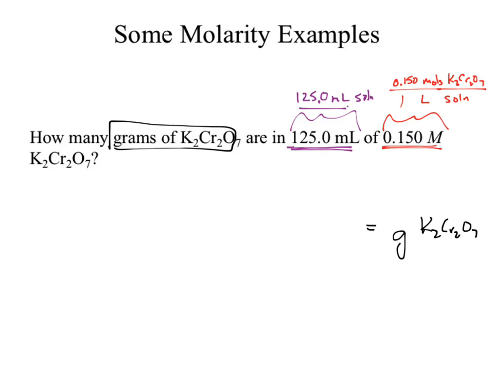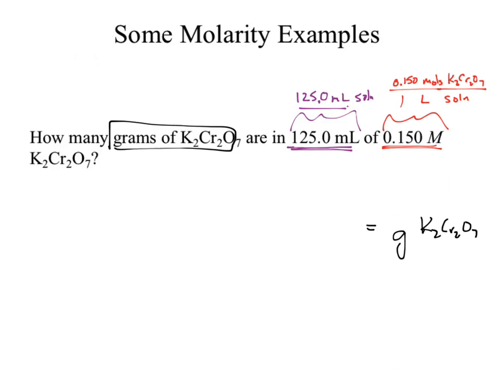Okay? This is why I would argue what you should do is focus on what you're trying to get to and start with something that keeps some of that information. Okay? So 125.0 milliliters of solution doesn't keep any of that information for my final answer. It doesn't have the right substance. It also doesn't have the right measurement. So I want to start instead with the red one.